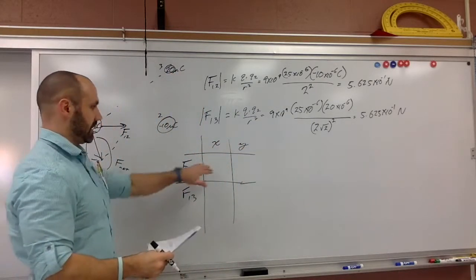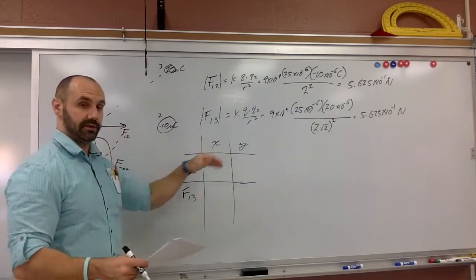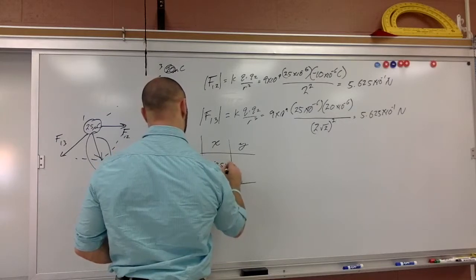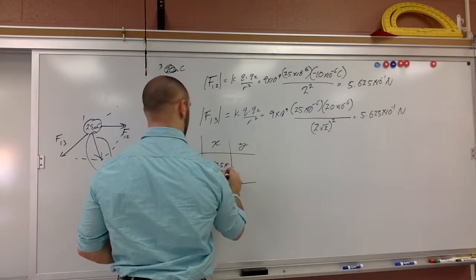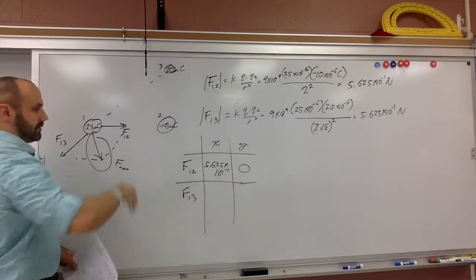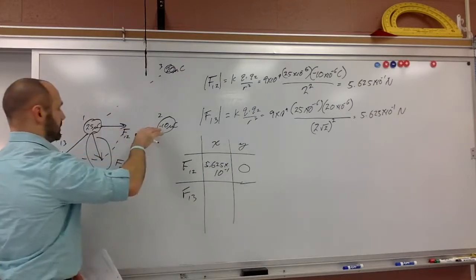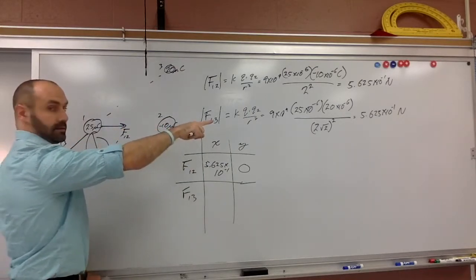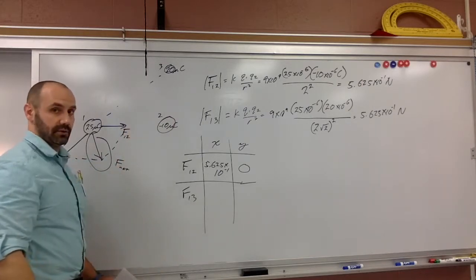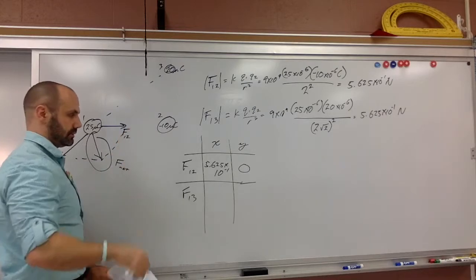In terms of the x direction, the force from 2 is all in the positive x direction, right? So this is going to be 5.625 times 10 to the negative 1. And then there is no vertical component of the force from 2. From 3, the horizontal component is going to be that times cosine of 45 degrees, or that times root 2 over 2.